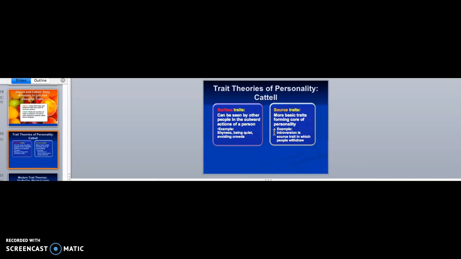Cattell talked about surface traits and source traits. Surface traits are like those found by Allport. They represent the personality characteristics easily seen by other people, whereas source traits are those more basic traits that underlie the surface traits. So a surface trait is easily seen by others.